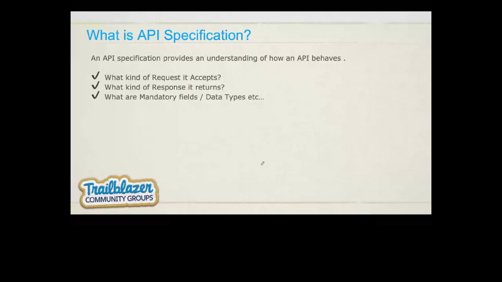First, what kind of request it can accept, either get, post, or delete, basically the methods. Then what kind of response it returns, JSON, XML, or both. Then what the mandatory fields, data types, and request format are. We need to think about those, and after that we start working on designing the API.